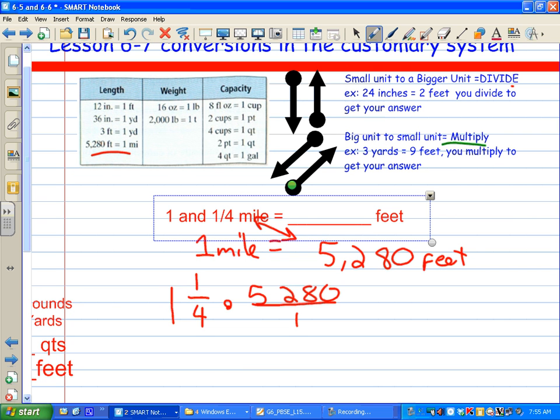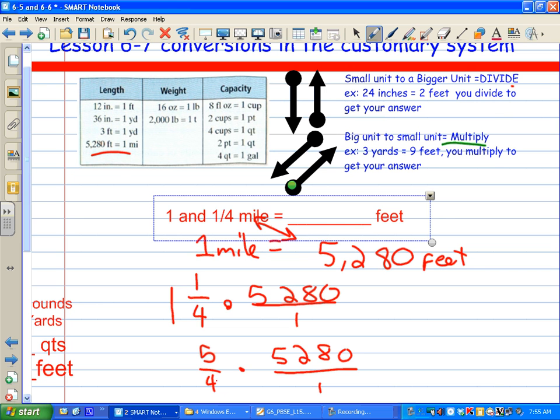I change this. 1 times 4 is 4, plus 1 is 5/4. And I have 5,280 right there over 1.